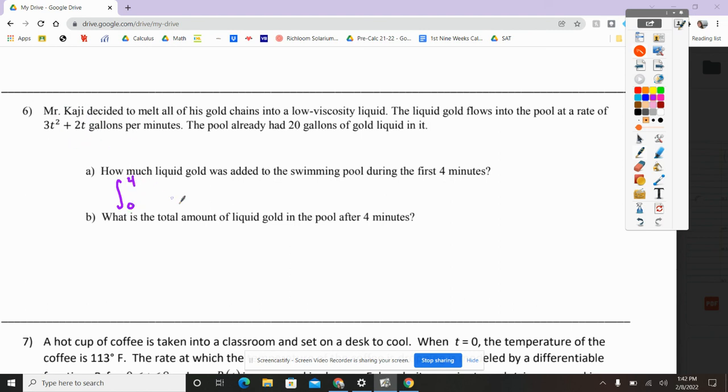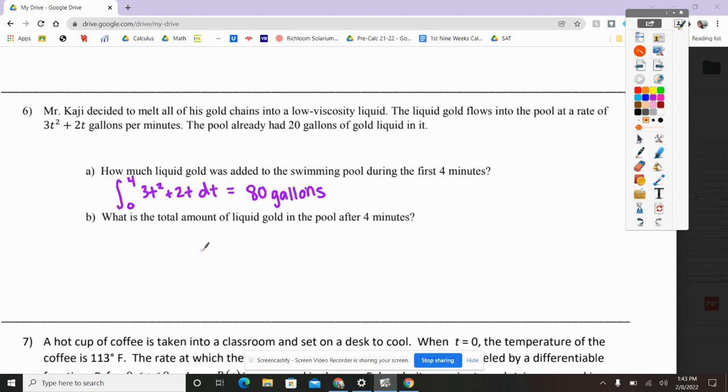And then we use the function that they give us for the rate, which is 3t squared plus 2t dt. And really at this point, you can just put that in your calculator. You could do it by hand, but either way, you would end up getting 80 gallons. So that is how much is added in the first 4 minutes. You can't just substitute this 4 in because that would be how much is added at 4 minutes, not the entire time.